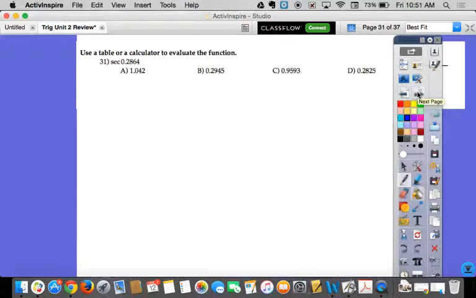Okay. Use a table to calculate the function. Now, it does not say anything about it being circular, but guys, since this does not have degree on it, this is radians. Put your calculator in radians. You have to go to mode, go down to the third line, hit enter. Make sure it's in radians. So you do not have a secant button though. You've got to work in reciprocals.